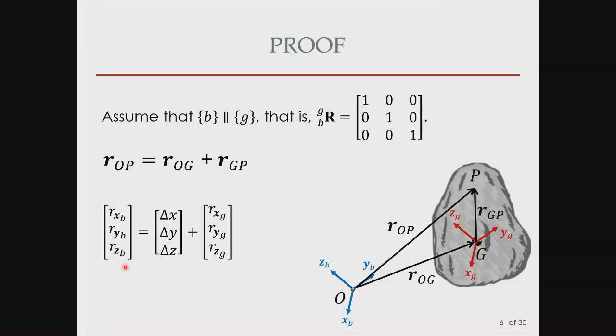So triple integral rho times ryb squared plus rzb squared dV. Instead of this and this, I'm going to substitute: instead of ryb, delta y plus ryg, and here delta z plus rzg.